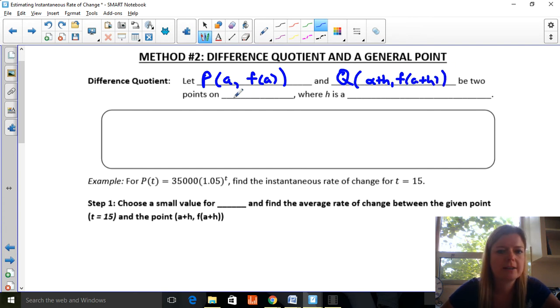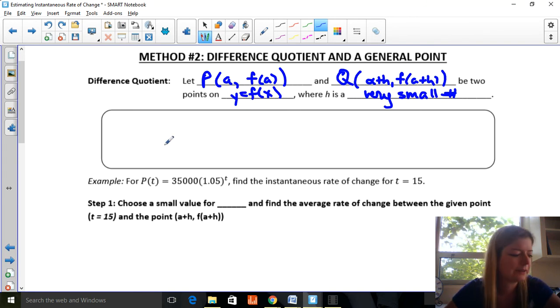These are 2 points on y equals f(x), where h is a very small number. Okay, so instead of doing intervals on either side, you're just adding very small values of h on one side.